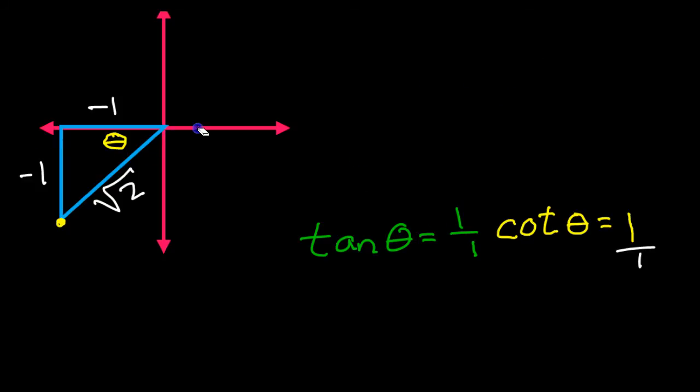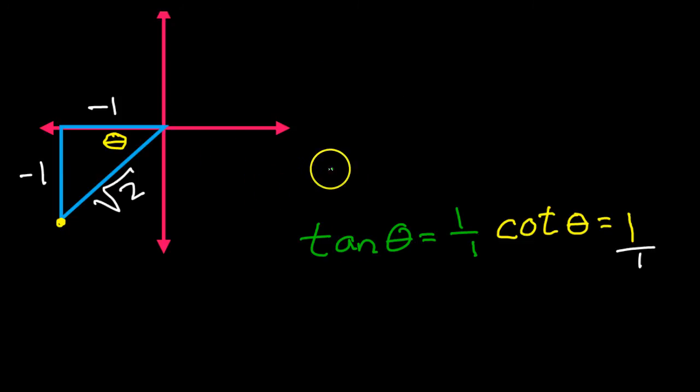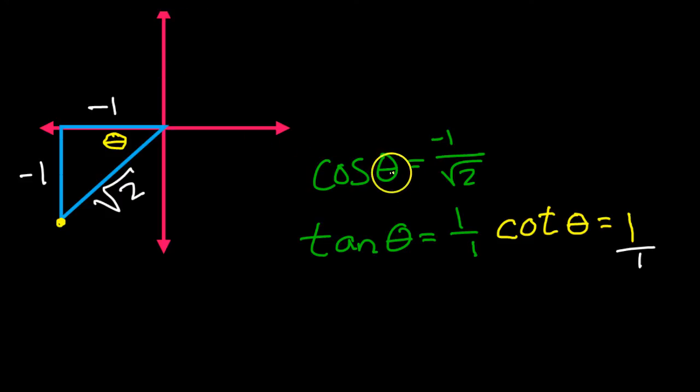Now that I have all three sides, I can find the rest of the trig functions. For example, cosine. Cosine is adjacent leg over the hypotenuse. So that would be negative 1 over radical 2. All right, the reciprocal of cosine is secant, which will be a negative radical 2.